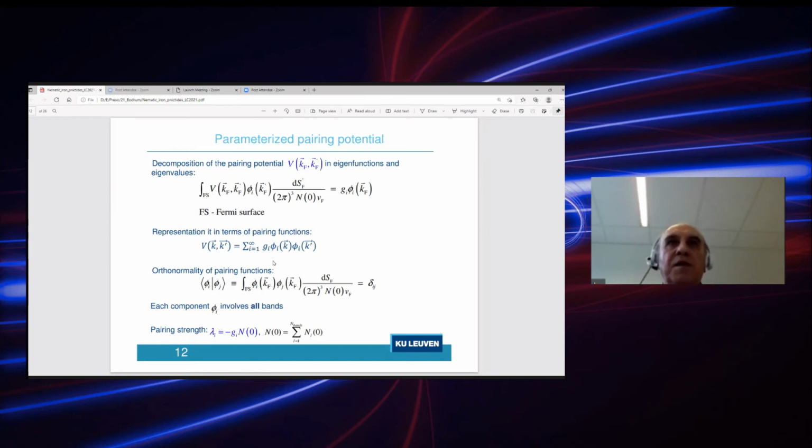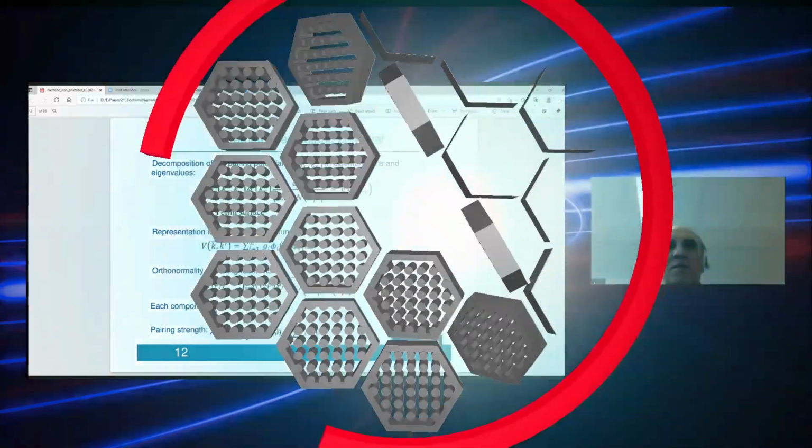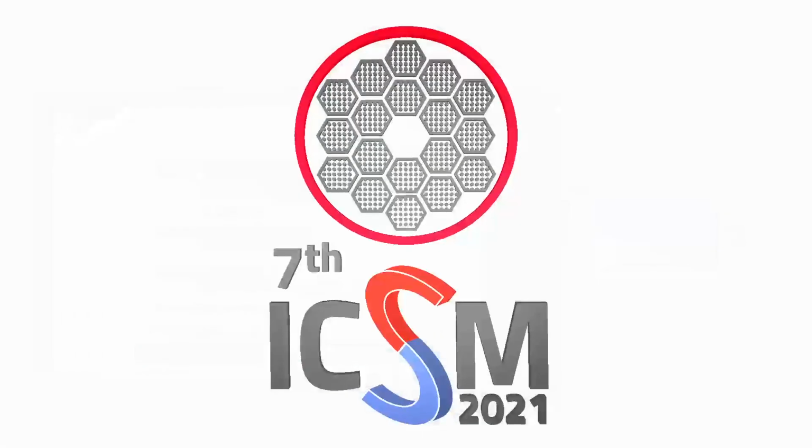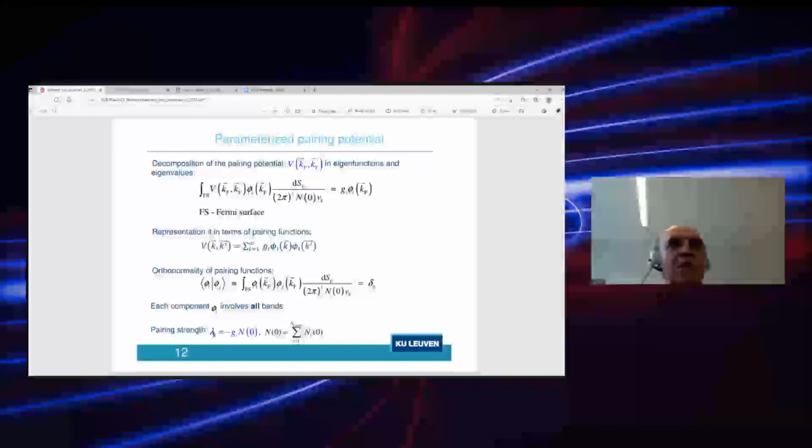That means it can be brought to a form which is a product of some functions phi i of k with some eigenvalue g i. Or this is equivalent to solving this kind of eigenvalue equation. So we can extract phi i and g i in this case. They are orthogonal in this way. So actually, this g i multiplied by the total density of states on all Fermi surfaces, all pockets, defines the pairing strength, the conventional pairing strength.